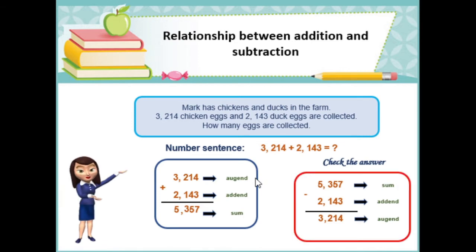So, therefore, they have a relationship. When we subtract the addend from the sum, the difference would be equal to our augend. Okay, that's our example 1.